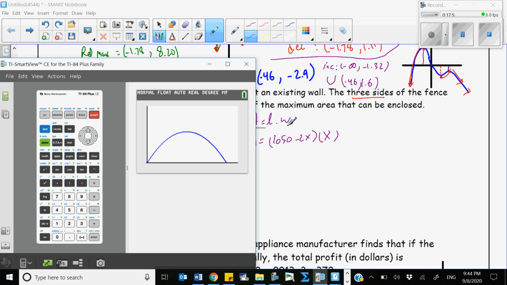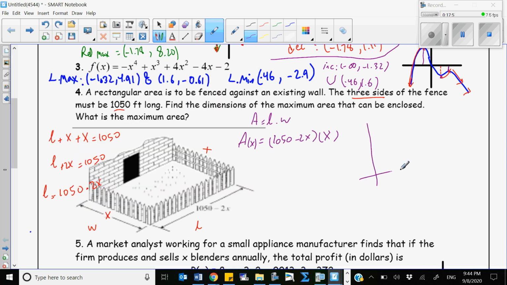Now it's asking for the maximum area. So in this graph, the x-axis is just the width, which is the x value, and the y-axis is the area. If it's asking for the maximum area, that means if I find the y value of this point, that will give me the maximum area.